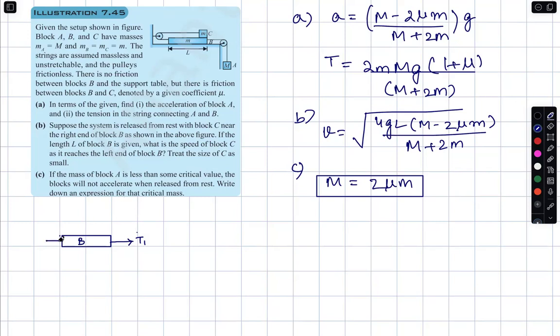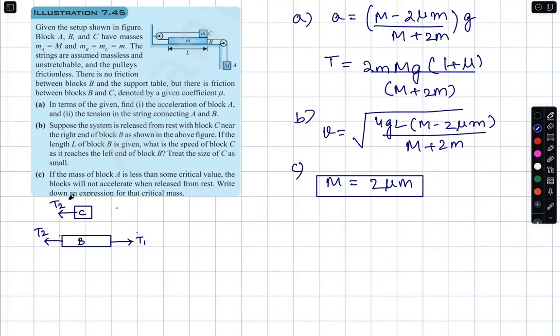T1. So this will experience another force T2. And I told you a lot of times, whenever problems are given, first try to evaluate normal reactions and frictions. So you have C here. T2.